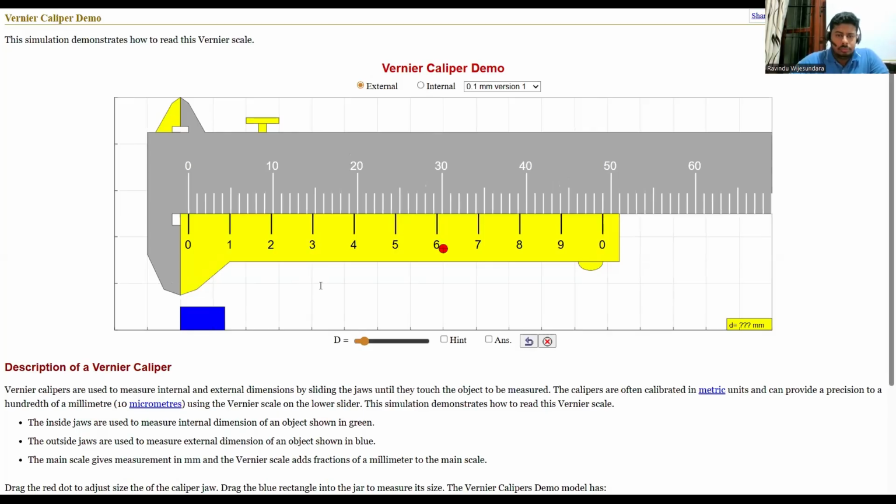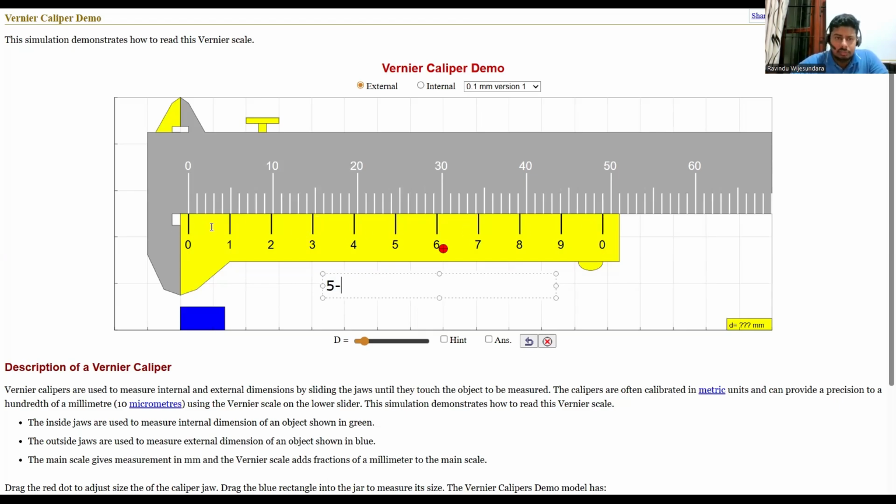So first we need to know the length of the main scale. As I mentioned in the previous one also, this is the vernier zero and this is the vernier first mark. This is the main scale value. The closest mark to the vernier first mark is actually the fifth one, so the length of the main scale is 5 millimeters, minus the length of a vernier division.